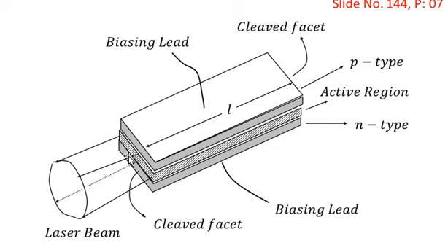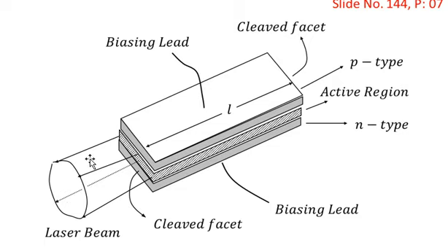as an output beam. Due to the small width of the active region, the beam along the direction perpendicular to the active region will be elongated. This is because of diffraction.